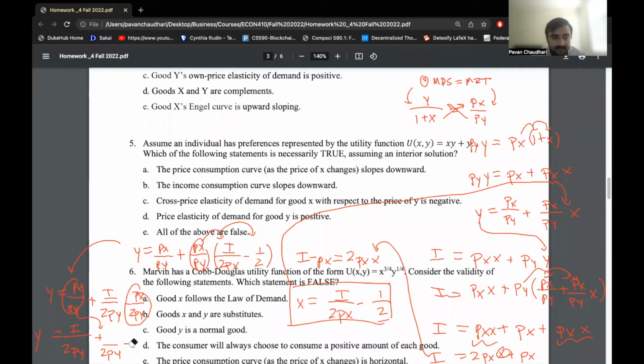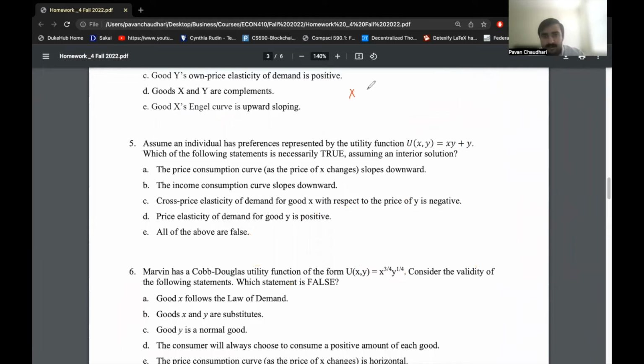So all that's left is just this 1. So we get the demand functions for x and y that way. I'll write them at the top here so that we have them to work with like the previous problem: I over 2px minus 1/2, then I over 2py plus px over 2py. Looks good to me.